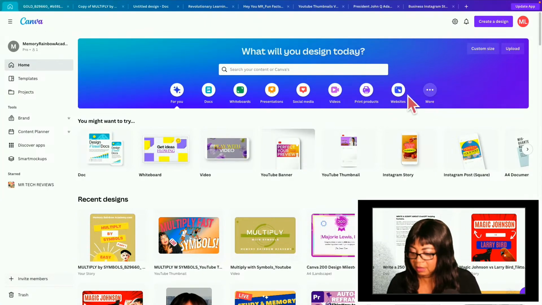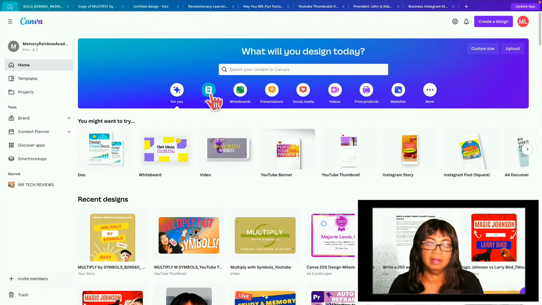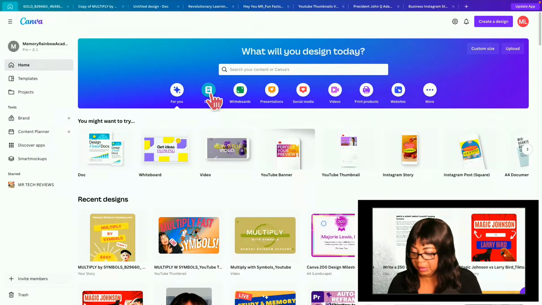I might go over that. And you can use documents, and we hear a lot about ChatGPT. Canva has its own artificial intelligence. I don't know what the name is of it, but it can answer some pretty decent questions.